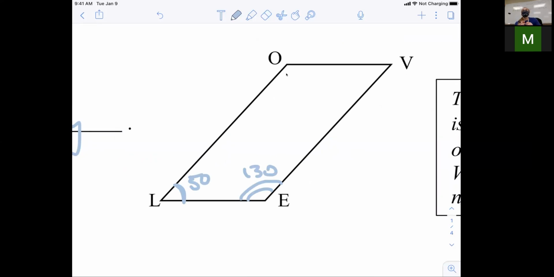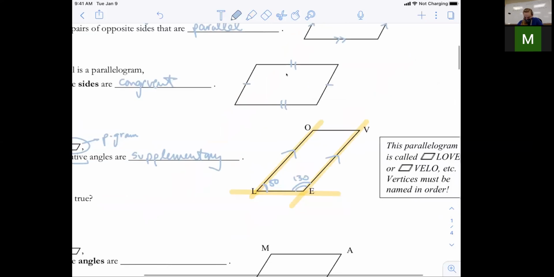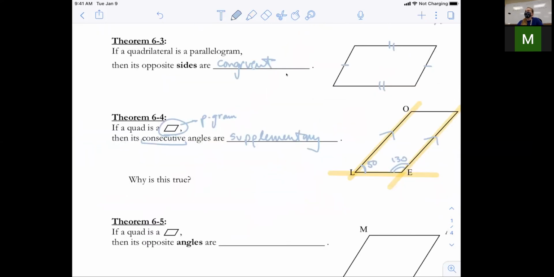I want us to remember back to our lines. Remember lines back in chapter 3 where we were like, oh, okay, LO is parallel to EV, and then I've got a transversal of LE. If you remember all the way back to my parallel lines cut by a transversal, the angles that are next to each other are called consecutive interior, and consecutive interior angles are supplementary. So I'm going to go down here to see underneath why is that true.